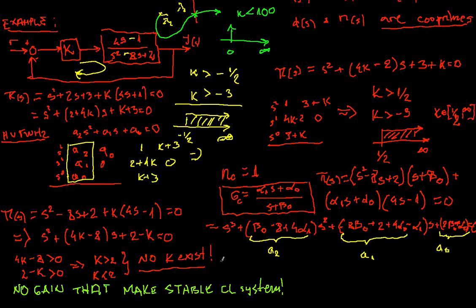For example, my favorite stable polynomial is s plus 1 cubed, such that these terms are just 1, 3, 3, 1. I know A0 is 1, A1 is 3, A2 is 3, and this term is also 1. And this is the stable polynomial.